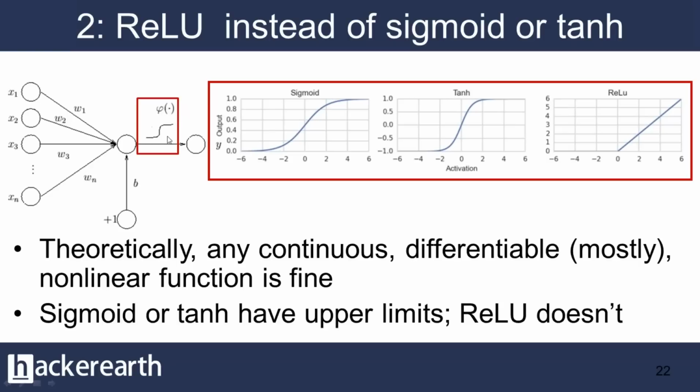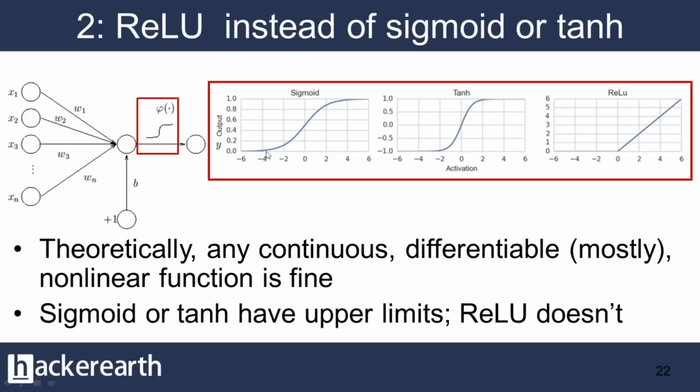Here it is phi. Theoretically, this is introducing non-linearity in the system. This non-linearity is important to model complex functions. Classification is a complex function. Complex means complicated. Theoretically, any continuous and, let's say, mostly differentiable nonlinear function will be fine.